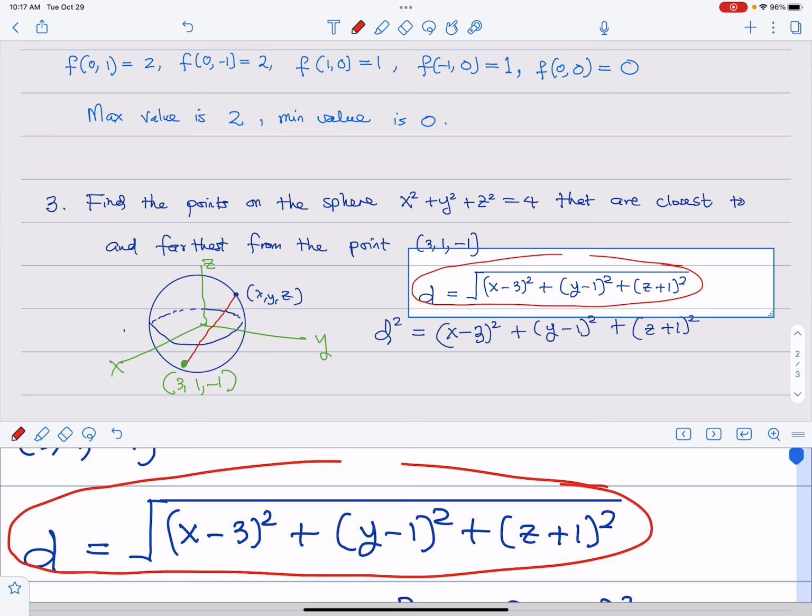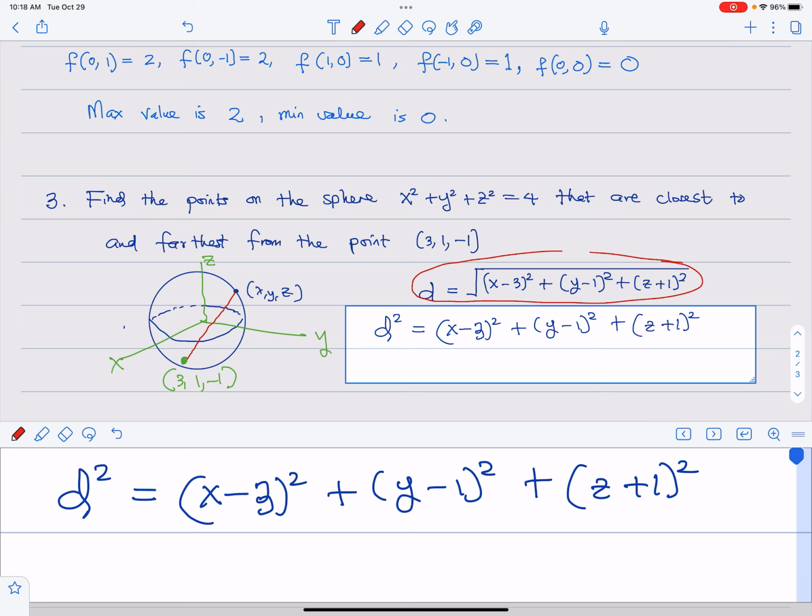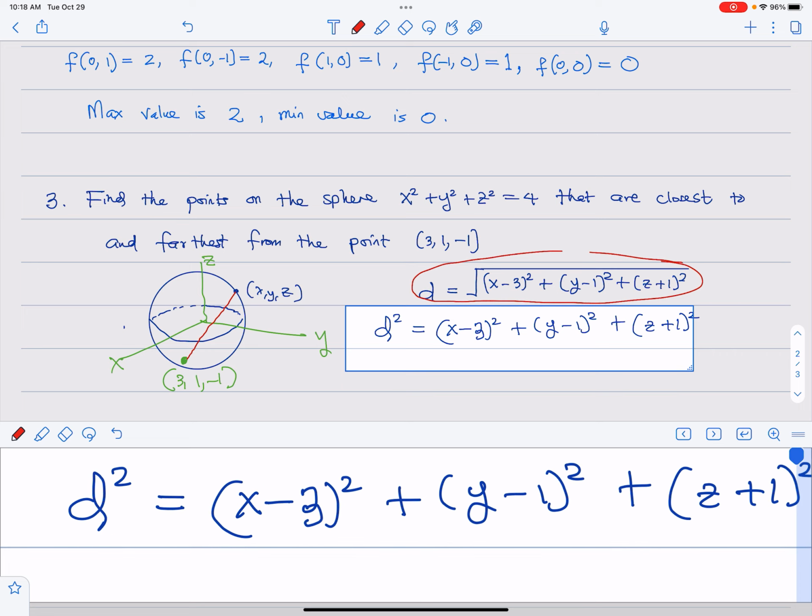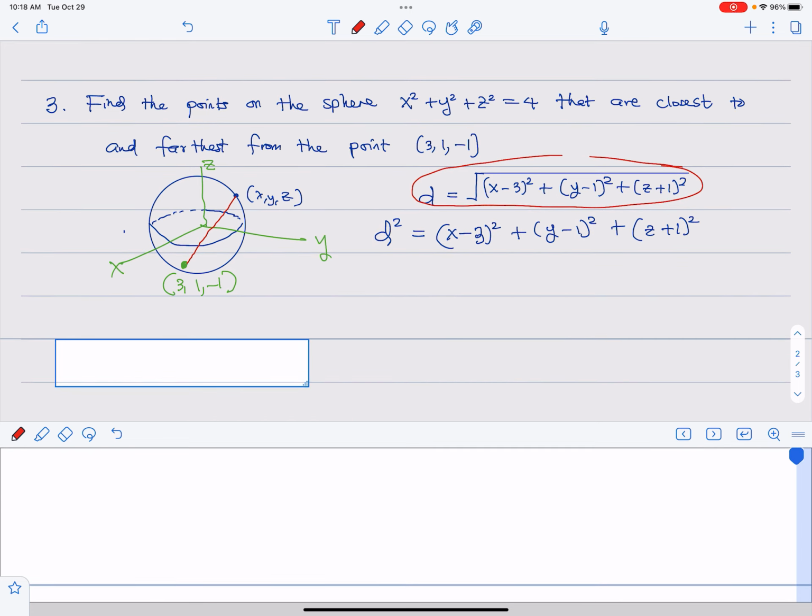The minimum value is going to give us the shortest distance from the sphere to the point 3, 1, -1. But finding the maximum and minimum of this function is the same thing as finding the maximum and minimum of its square, and squaring the function makes it a little bit easier. We don't have to deal with the square root. Okay?